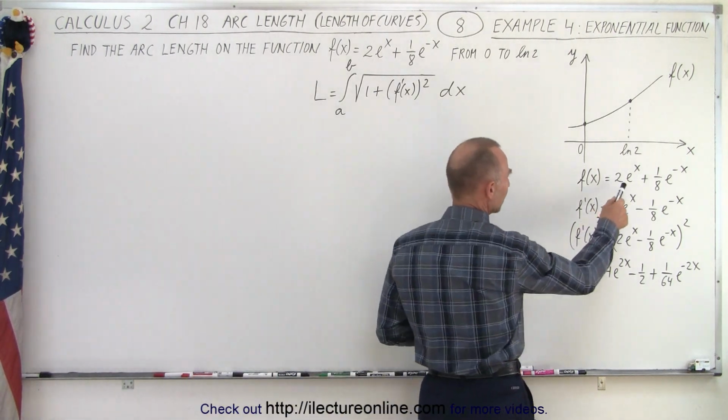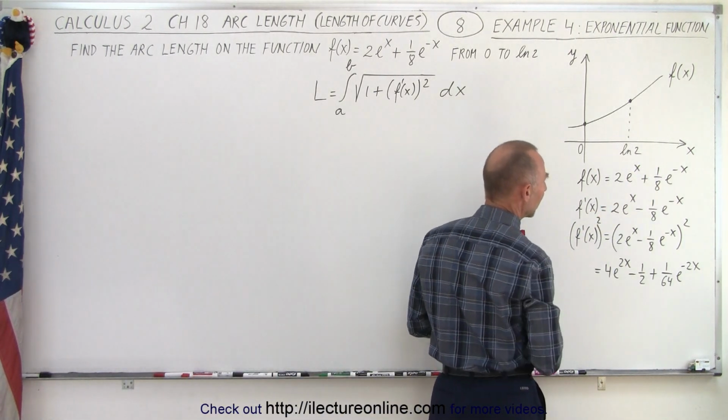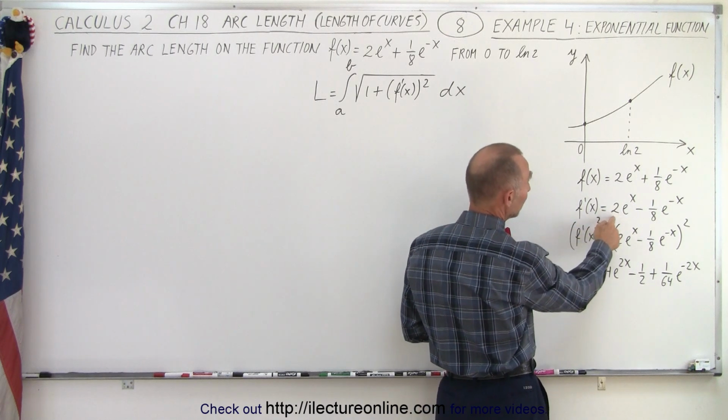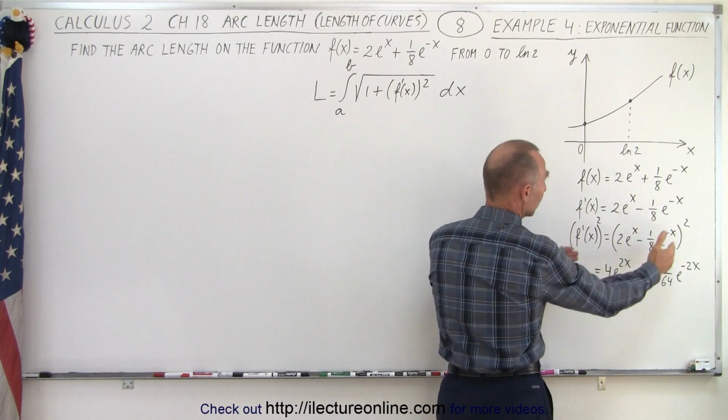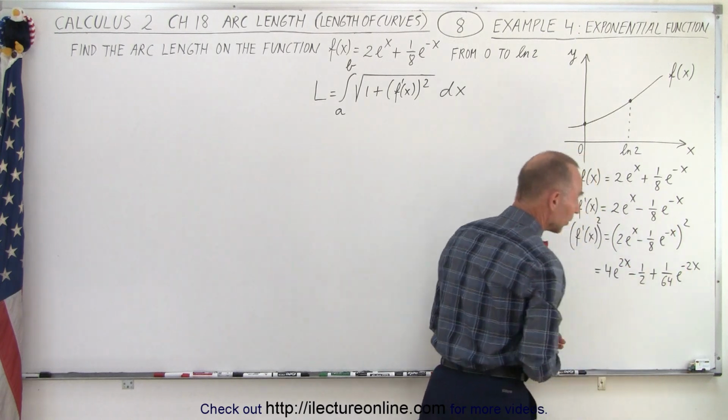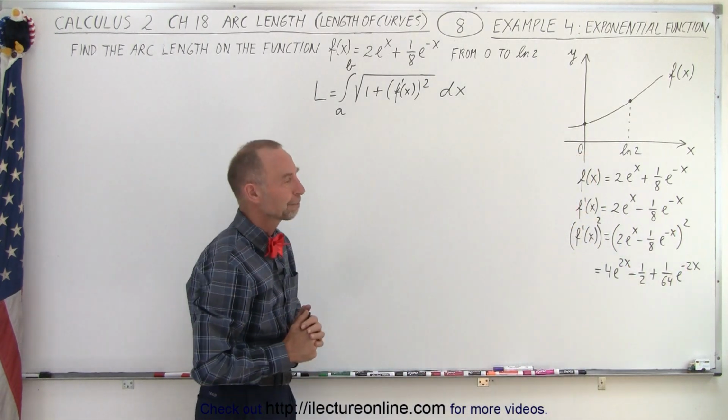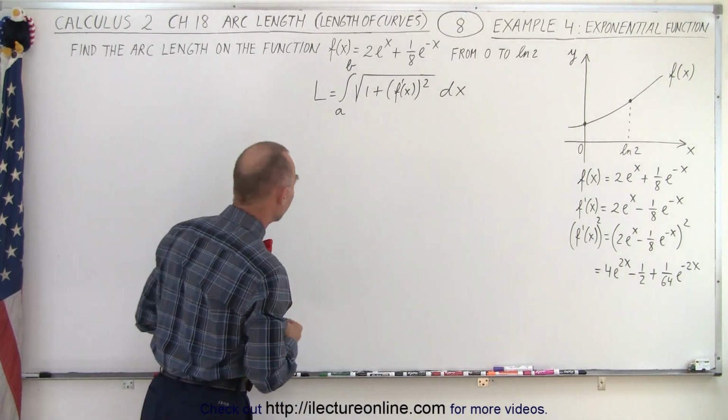Our function here, 2e to the x plus 1/8 e to the minus x. We take the derivative, we get 2e to the x minus 1/8 e to the minus x. Then when we square it, we simply take that and square it. When it's multiplied out, we get that. So now we plug that into our general format.